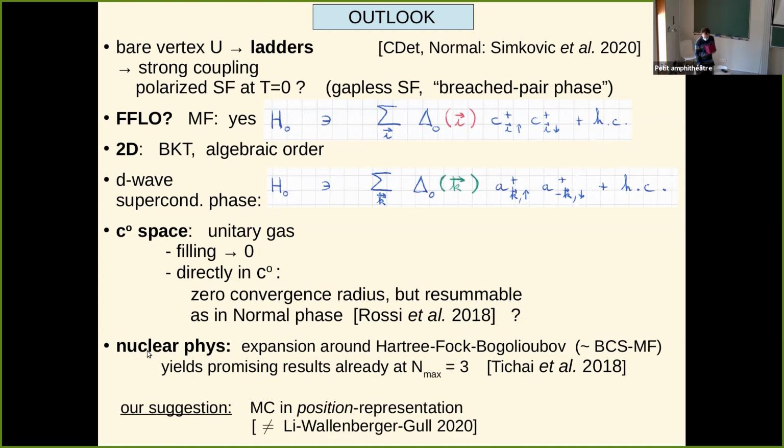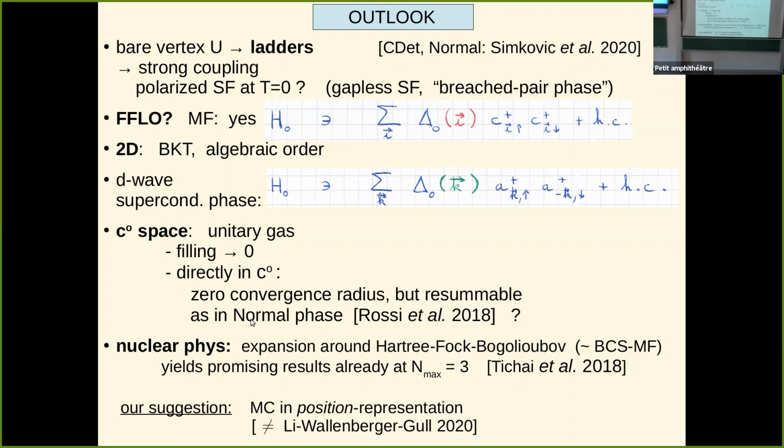And finally, also the method could be useful in nuclear physics, where people from CEA, actually next door, have already observed that a similar expansion to what we do here, so around the broken symmetry BCS mean field, already yields promising results at order 3.